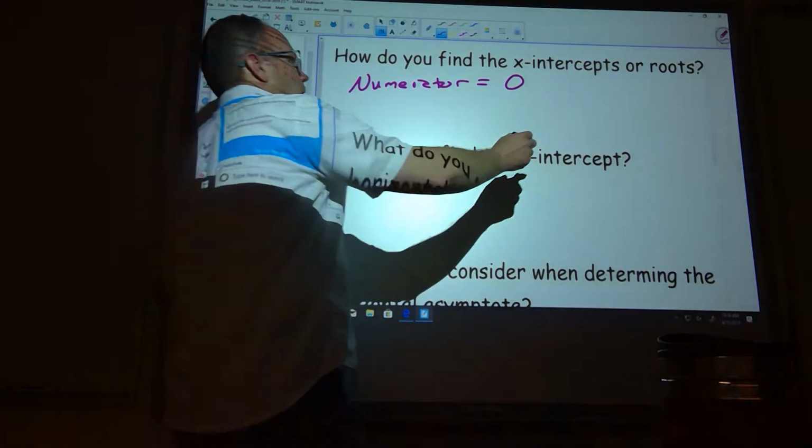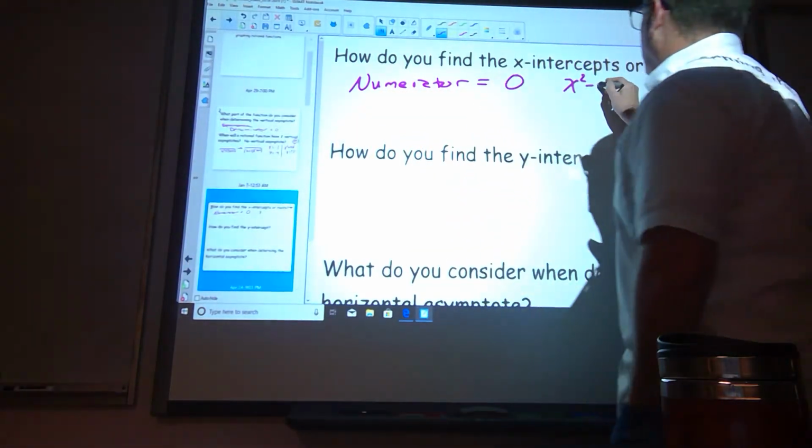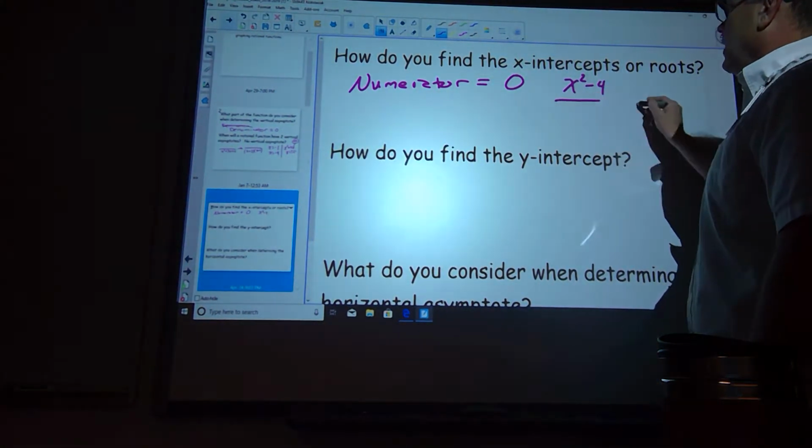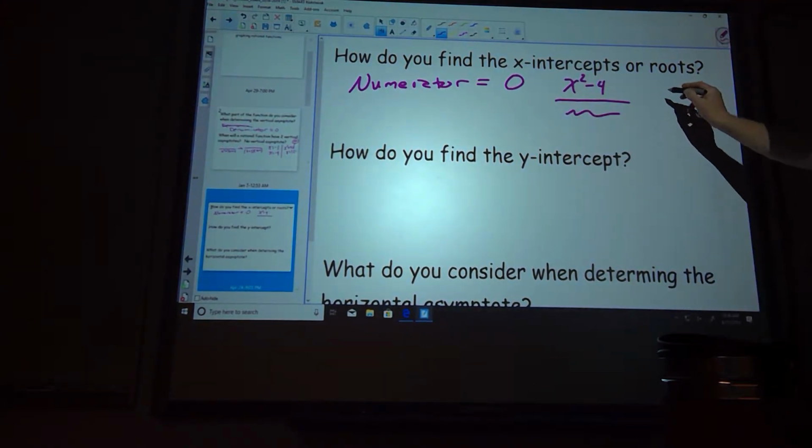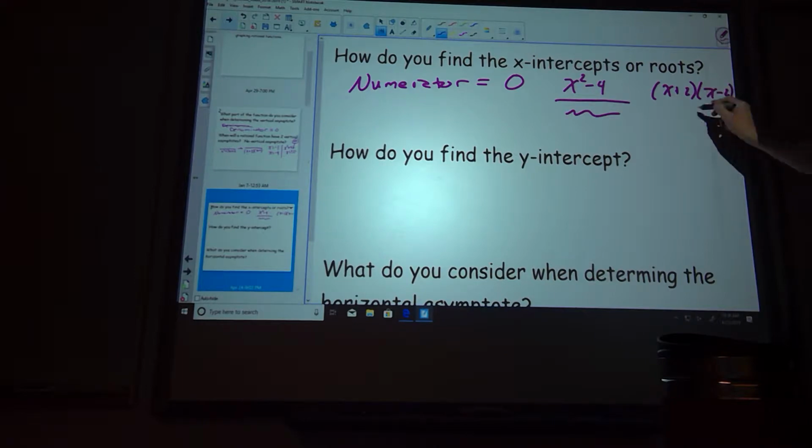So if your numerator came out to be like x squared minus 4, that gives you x plus 2, x minus 2, and that gives you negative 2 comma 0 and 2 comma 0. Okay? So if nothing canceled in it, you're just looking at the numerator. So x-intercepts are for the numerator. Vertical asymptotes are for the denominator.